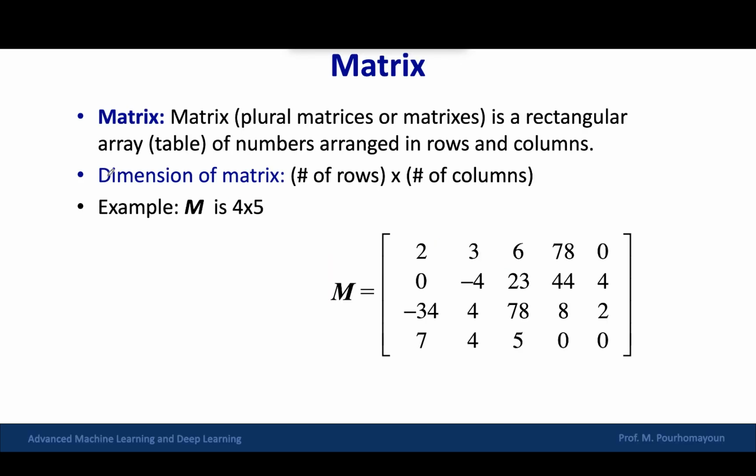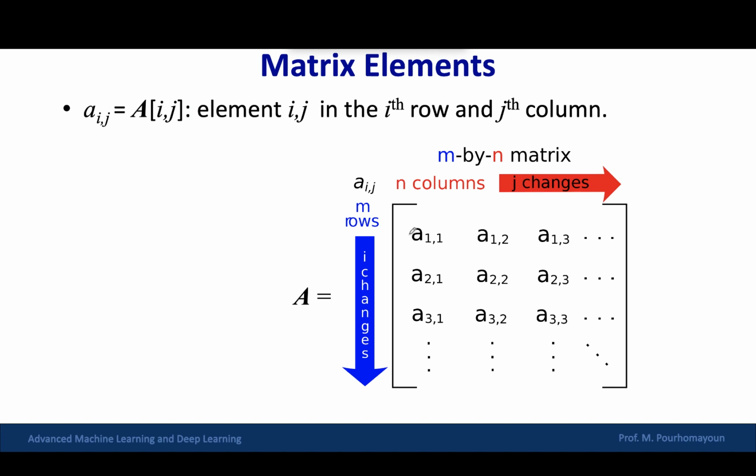So matrix, as you know, is a rectangular array or table, a 2D table. It can be more than 2D, of course, but usually we know it as a 2D table of numbers, and we use this type of indexing to show each element of it.